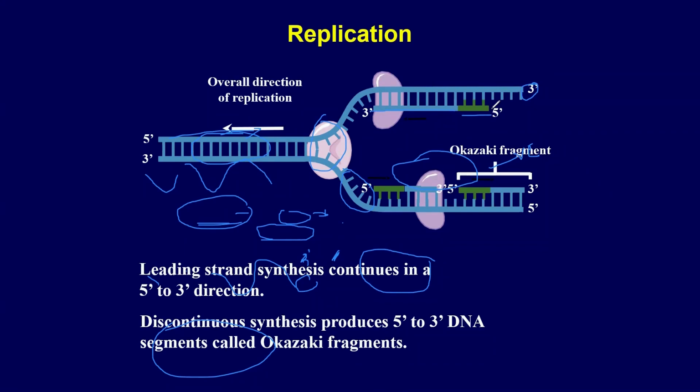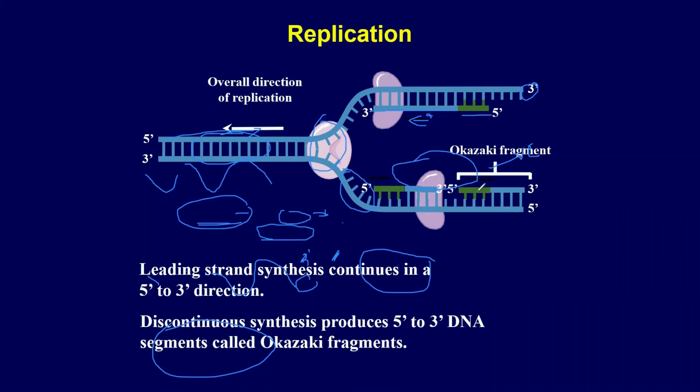And at this point the DNA polymerase III enzyme binds, and after binding, it moves in this direction, 5' to 3', synthesizing this strand. So this strand is continuously synthesizing, hence we can call it the leading strand.